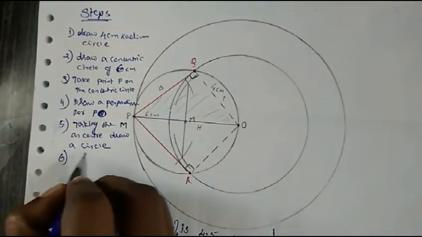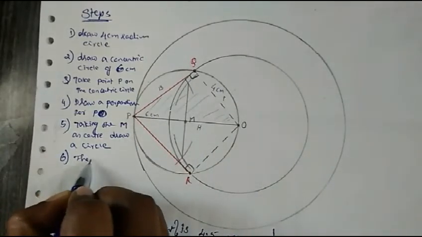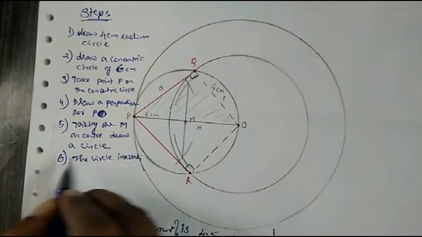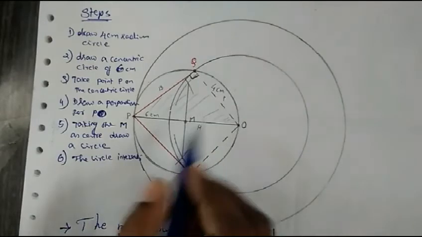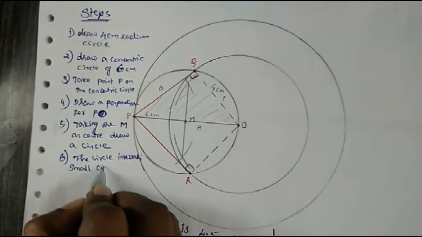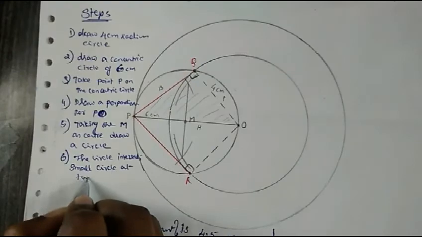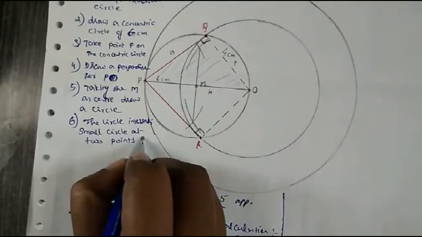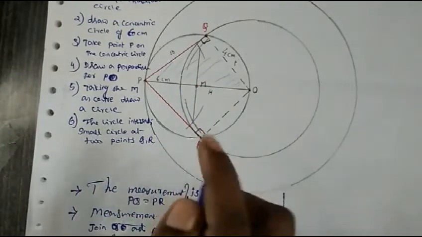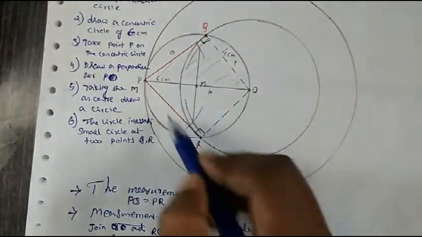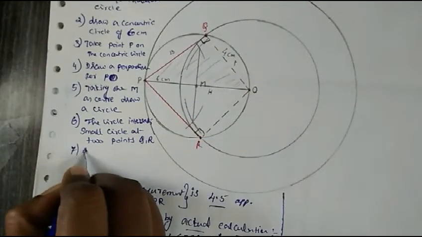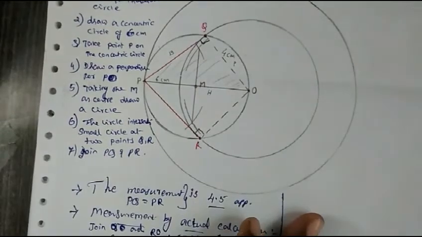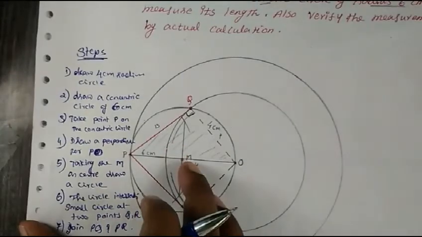Then the circle will intersect the small circle at 2 points, Q and R. Then we joined PQ and PR. You can say join PQ and PR. That's it. Steps you can write in your own words.